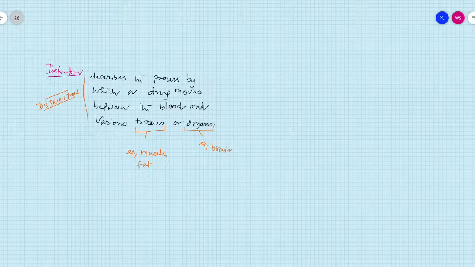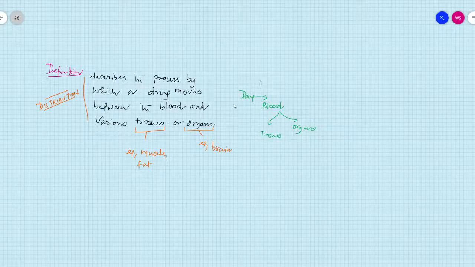So what we mean is that we take a drug and the drug gets into blood, and from the blood it moves into tissues or organs. And the way we describe this process is called distribution.